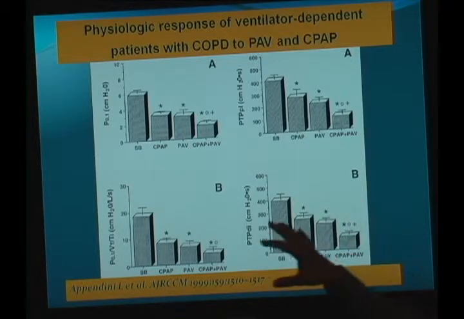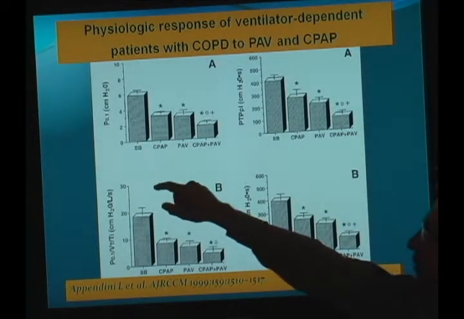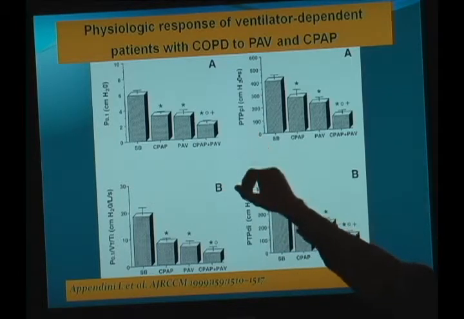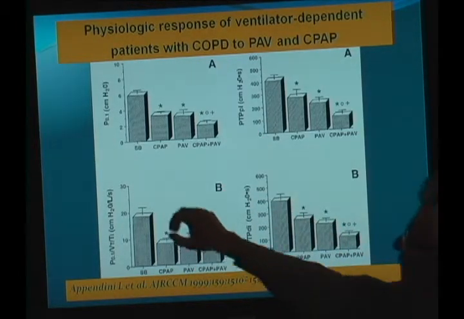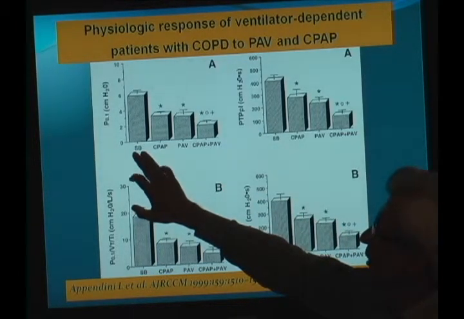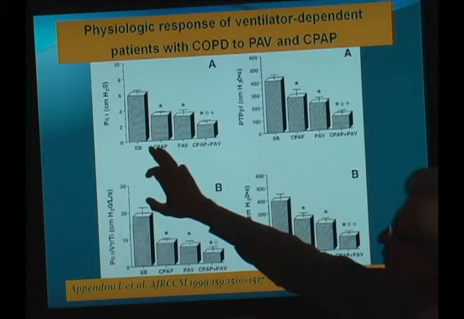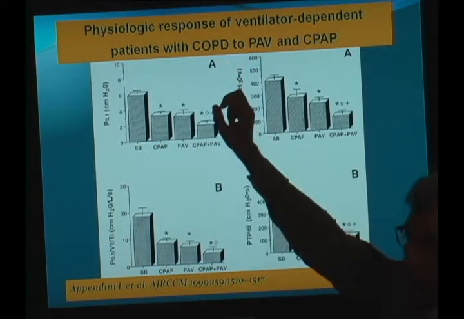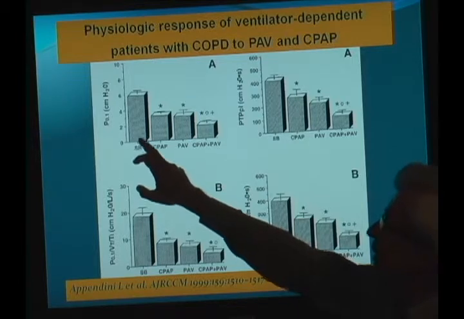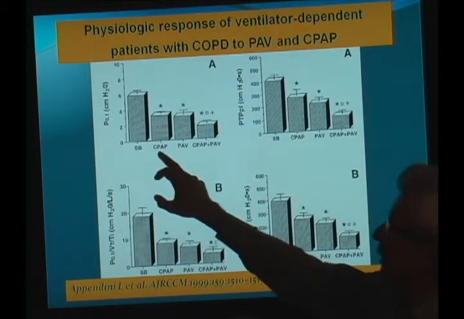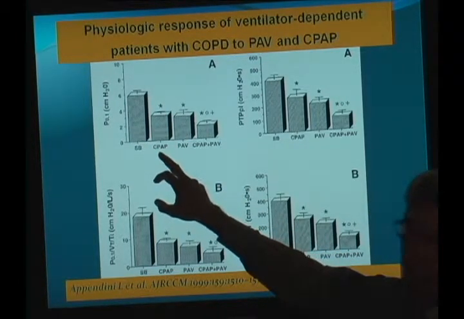And I can show you here that no matter what indicator you use, PO.1, pressure time product, for patients in spontaneous ventilation with COPD and auto-PEEP, you can compensate part of the extra work by CPAP, compensating auto-PEEP.